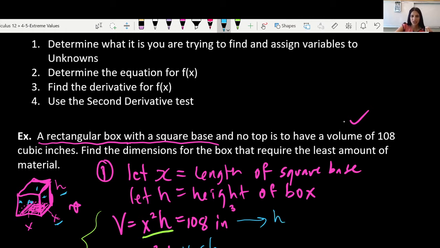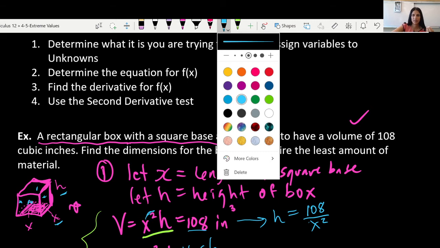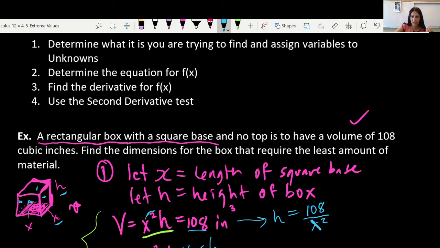So my h would be equal to, if I take this 108, and I divide it by the x squared there. So over x squared. And I feel like we need to make that thicker to make things consistent here. So over x squared like this. So then, now that I know that h is equal to all of this, I can take that and plug it in for my h value here.